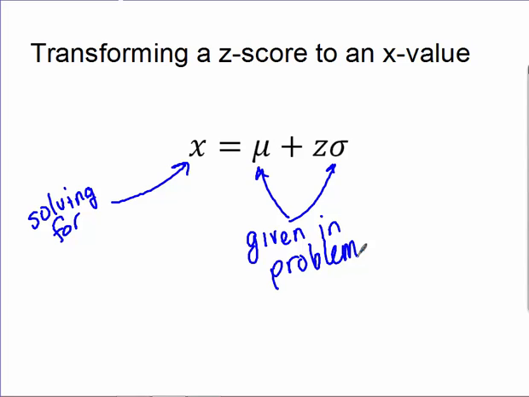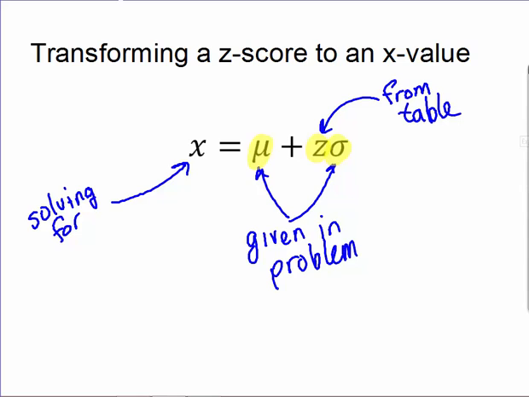The z-score is going to be what you're actually going to be locating on the table. So you're going to be taking all of this stuff, the mean, the z-score, the standard deviation, going to put them all together and you get an x value, which instead of in a problem where I say here is the x value, this problem you're going to find the x value. And that's going to be what the answer to the problem actually is.